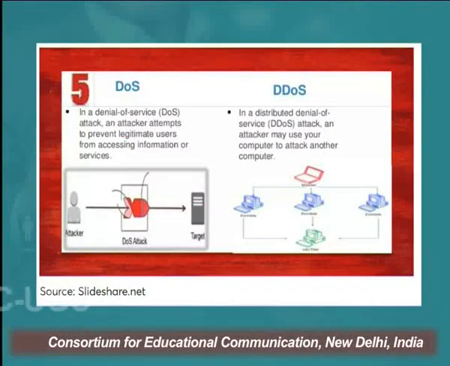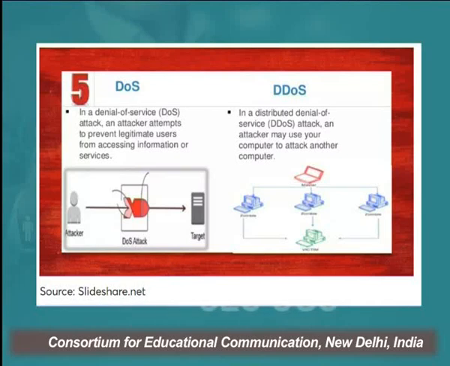So there can be two types of denial of service attack. The first is the denial of service attack, in which the attacker will attempt to prevent legitimate users from accessing information because the server has gone down. In the case of a distributed denial of service attack, an attacker may use your computer to attack another computer.